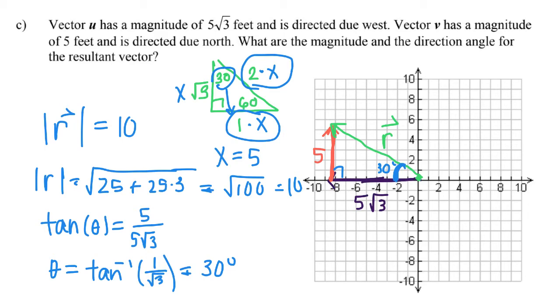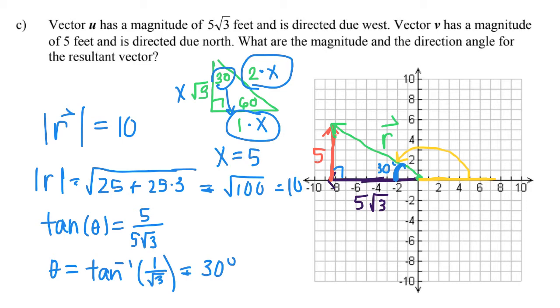But again, this is tricky like the other problem was. We have to really keep in mind that my direction angle is starting here and it's swinging all the way around to here. So we need that particular angle. On the unit circle, you can ask yourself, what has a reference angle of 30 degrees in the second quadrant?